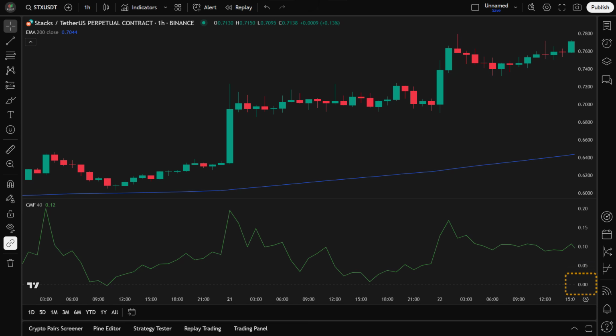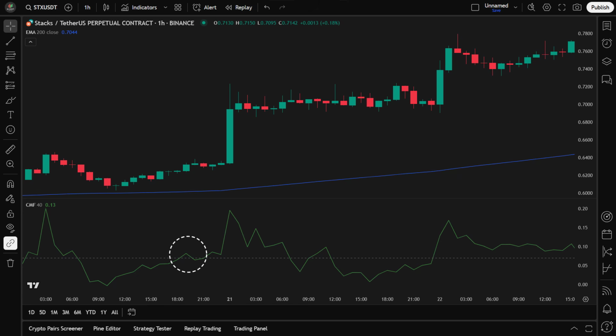While CMF above zero indicates buying pressure, it can still produce false positives in sideways or low-volume markets. To reduce false signals, we require the CMF to cross above 0.05 or even 0.07 to ensure there's meaningful accumulation and strong buying pressure behind the move.